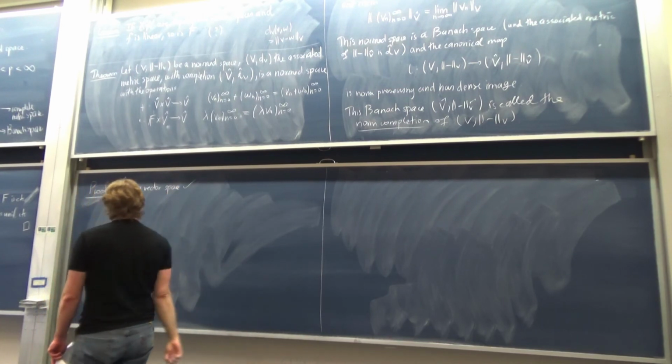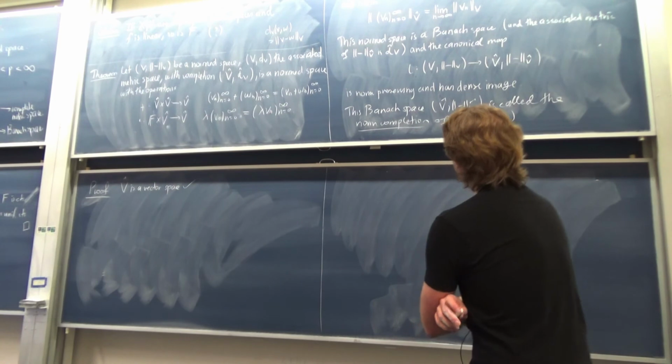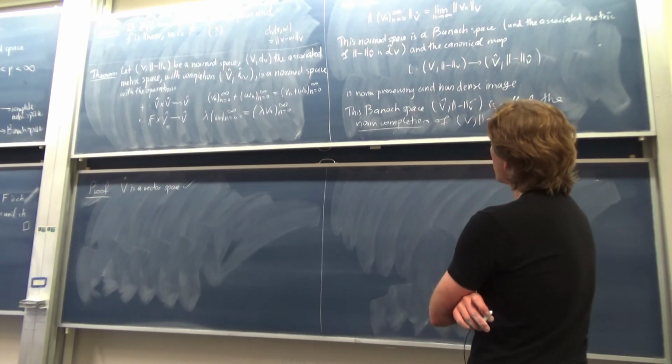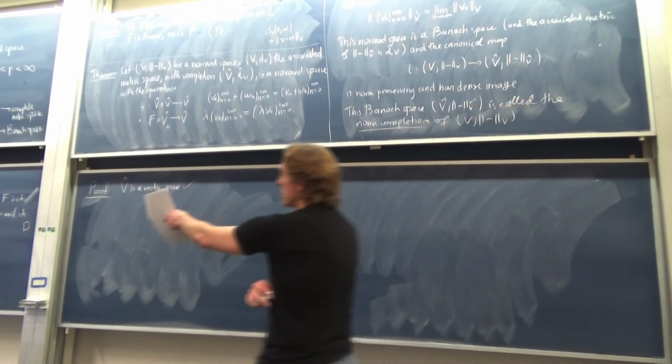Okay, so as I suggested already, this part is routine. So to check that that actually makes it a vector space, we won't worry about proving that. Okay, that leaves dealing with the norm, but for that we can use this.